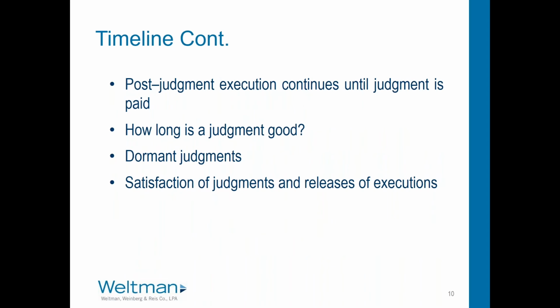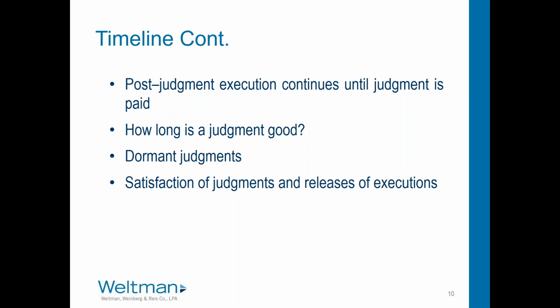Continuing the timeline discussion, once you obtain a judgment, there is also a timeline for post-judgment executions. Executions will continue until the judgment's paid. But the question always comes up: how long is a judgment good for? And again, that depends on your jurisdiction and where your judgment is entered.